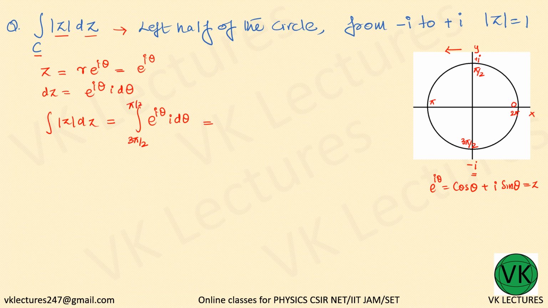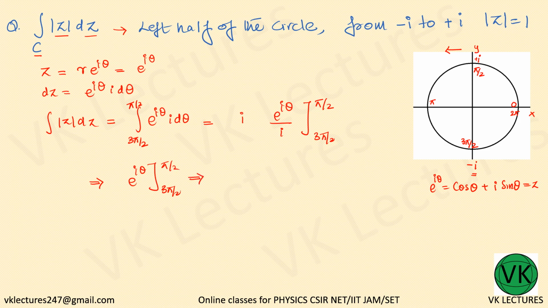So integral is i times e to the power i theta by i from 3 pi by 2 to pi by 2. Now that also tells us e to the power i theta from 3 pi by 2 to pi by 2.